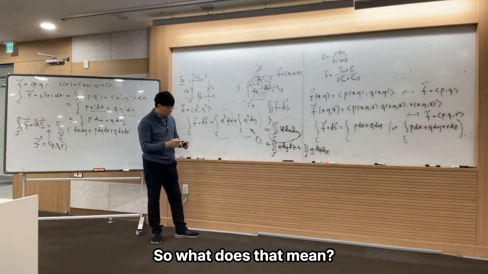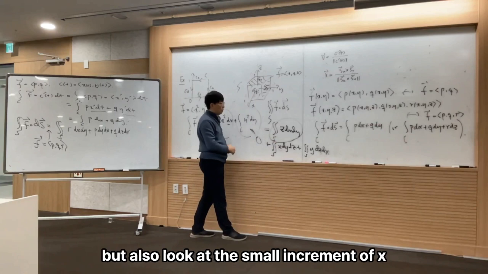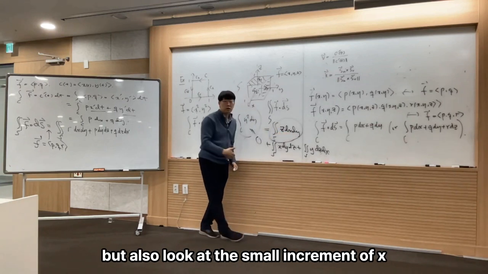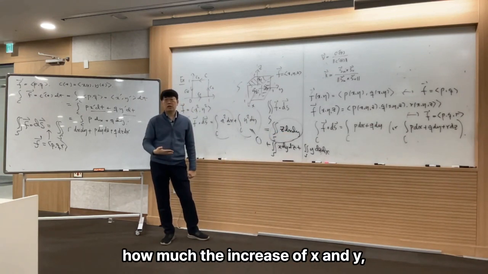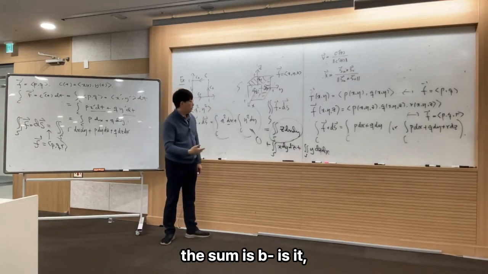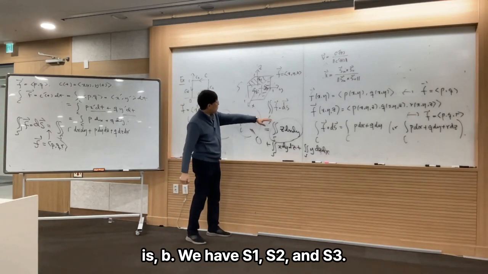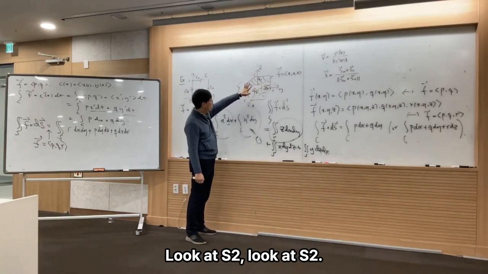So what does that mean? I'm looking at the entire surface, but I also look at the small increments of x and y. I only want to look at how much x and y increase. We have S1, S2, and S3. Look at S2.